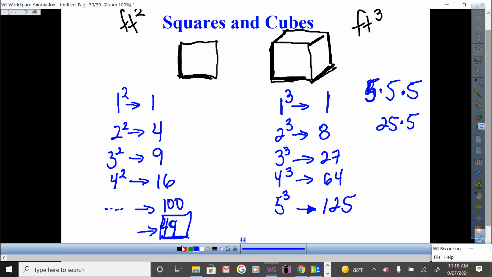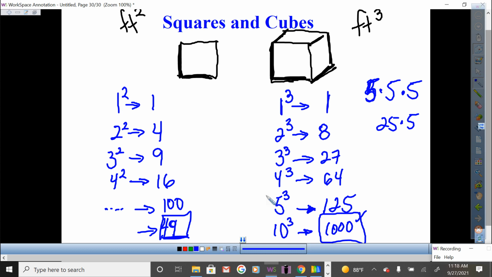Is 49 a squared number? Yes. And she got it from 7 times 7. Okay. How about a cube number? Help us out, Noor. Did I catch you off guard? Okay, sorry. Or let me help you. What is 10 cubed? 1,000. Did everybody know how I got 1,000? Yes, by multiplying 10 times 10 times 10.